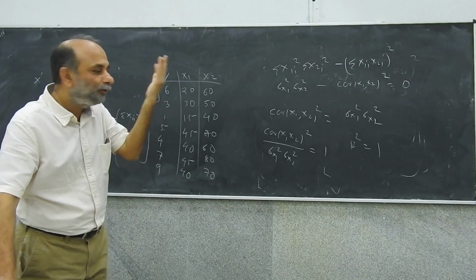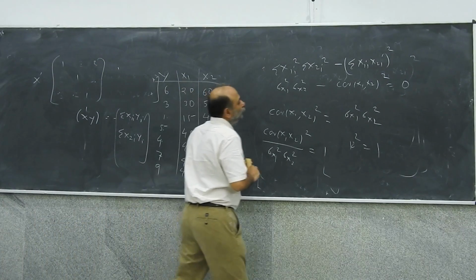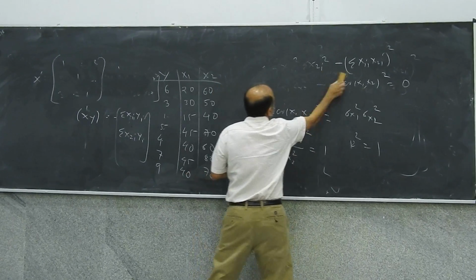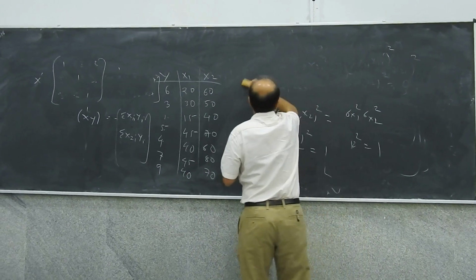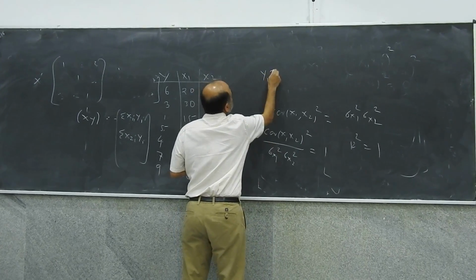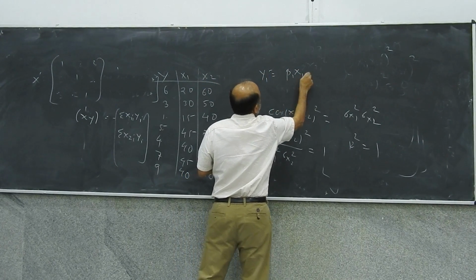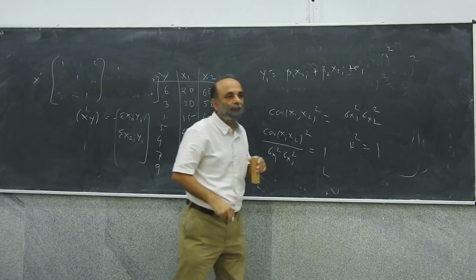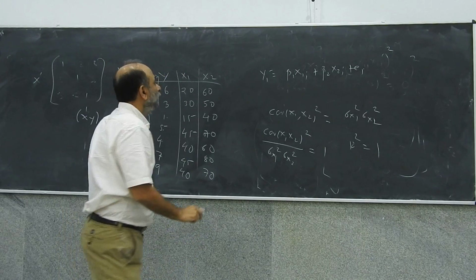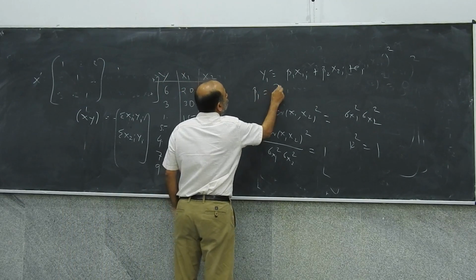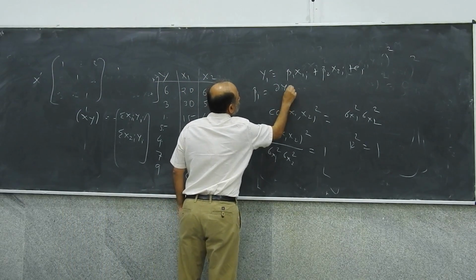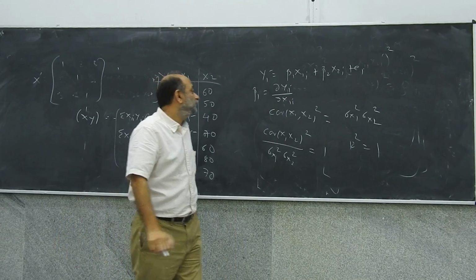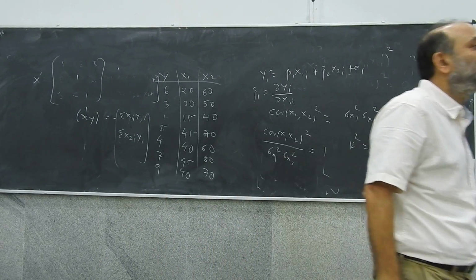All of you are right, but the formal way to put it is this. What is yi? Now what is beta 1? Beta 1 is the partial derivative of y with respect to x1.